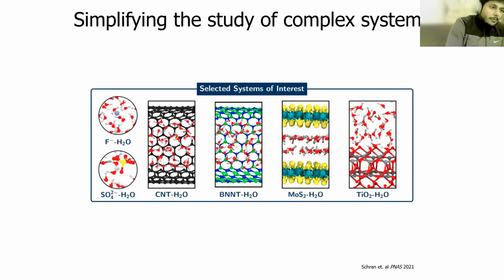And the approach that they came up with was like, well, it's going to be extremely hard to develop a single potential which would be able to simulate all possible phases of water between carbon nanotubes or all possible radii of carbon nanotubes.